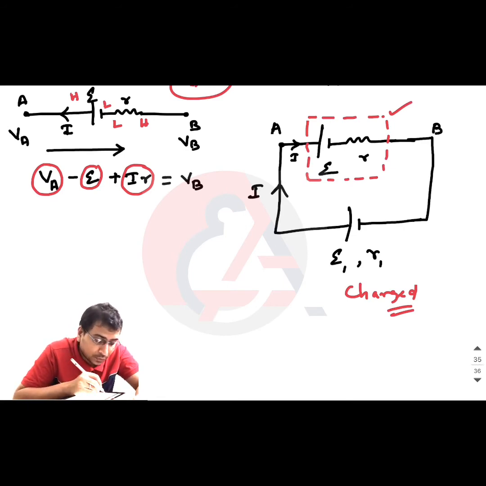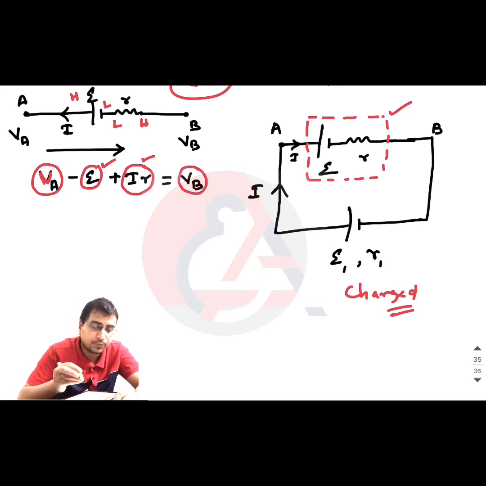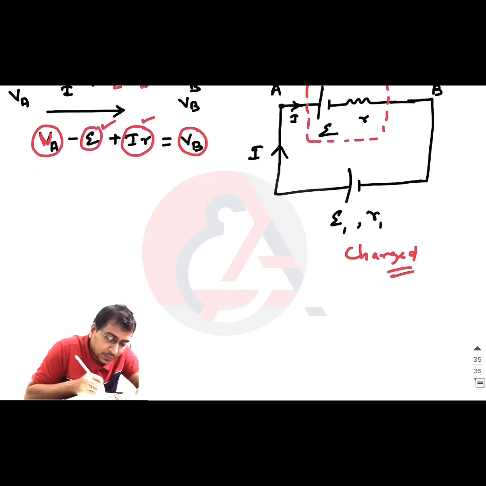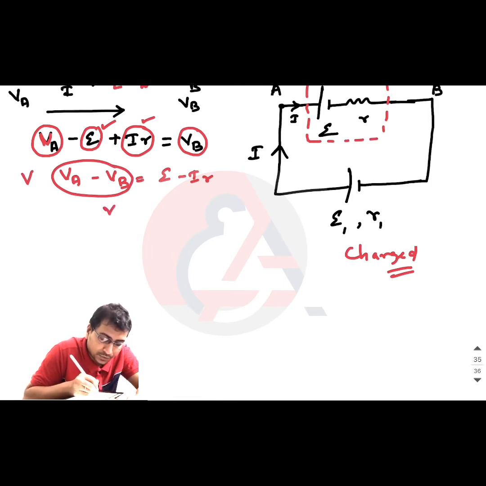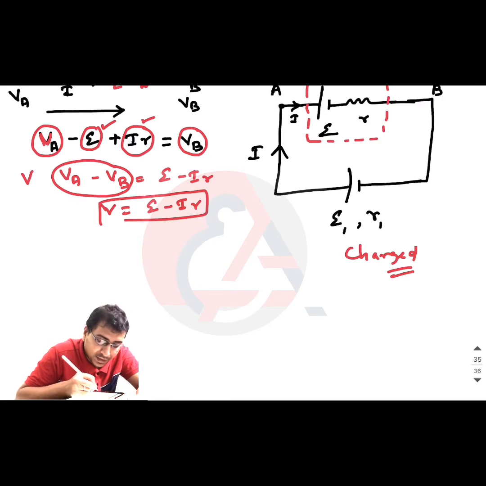So with VA you started, you lost some energy here, you gained some energy here. This will be equal to the energy with which you are left at point B. When you rearrange this equation, VA minus VB will be equal to E minus IR. VA minus VB is what is called the terminal potential difference. So V is E minus IR when the cell is getting discharged.